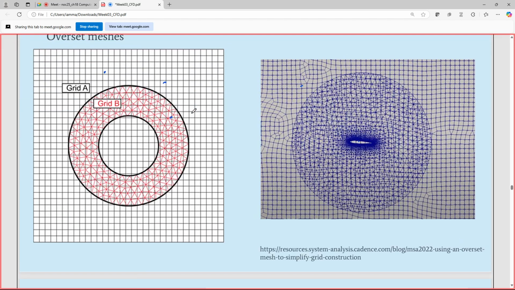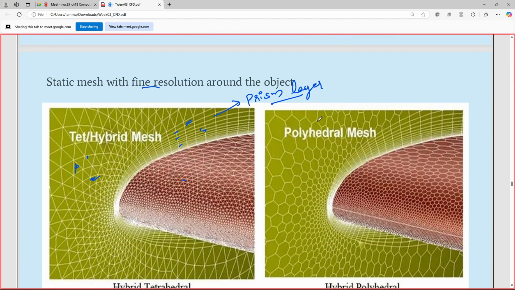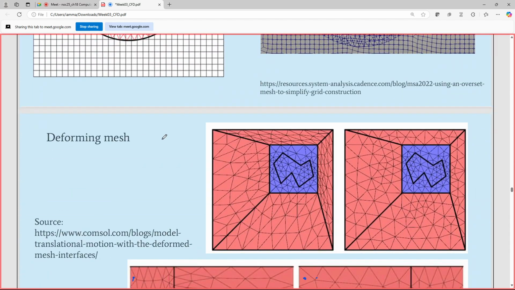So our question was, which is the most suitable mesh type to adapt to the object's motion? From the explanation, I think it will be clear which type of mesh is required.